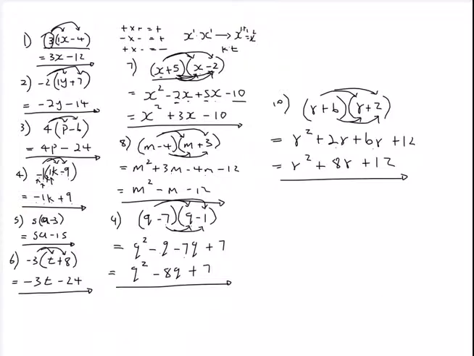Positive x squared, negative 2, positive x, yes, that's fine. Then positive 3m, negative 4, yes. And then negative 1q and 7q, yes, that's fine.